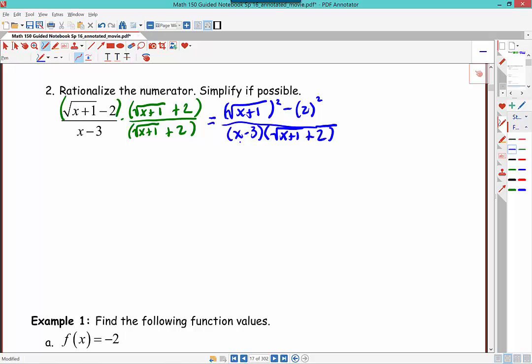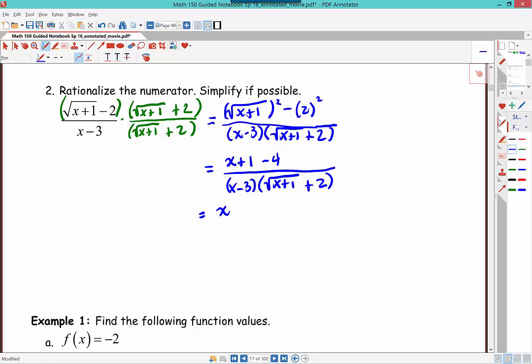Okay, so what happens when I square a square root? Good. I just get what's inside the radical, and then I'll have minus 4 all over x minus 3 times root x plus 1 plus 2. And then look what happens.